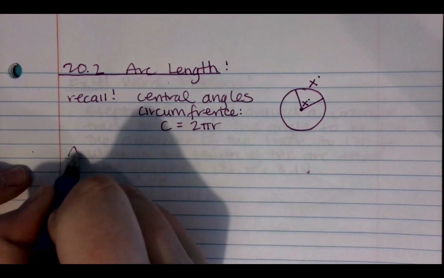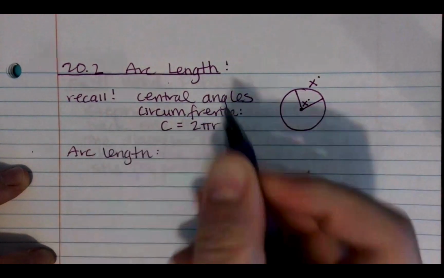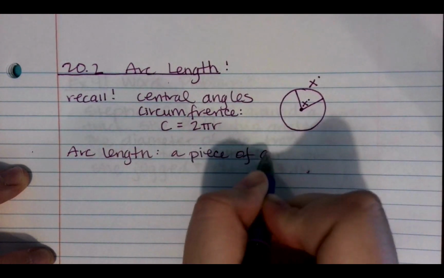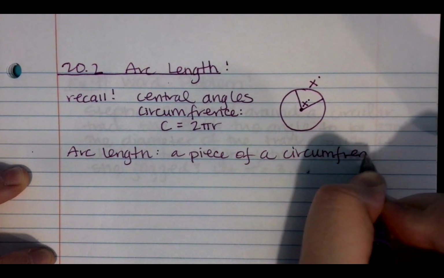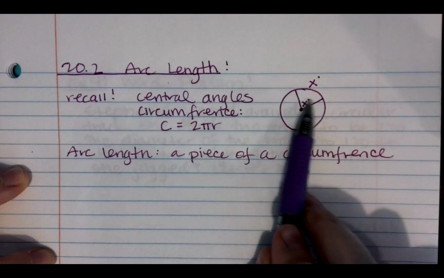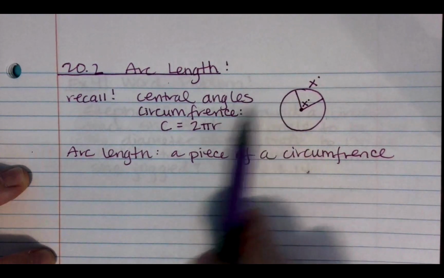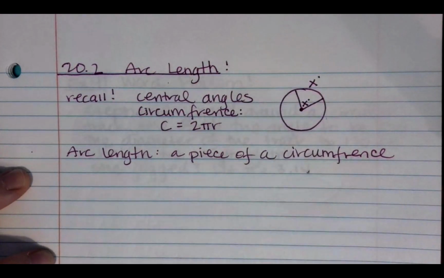What is arc length? It's just a piece of a circumference. So again, a circumference measures the distance, not the degrees, the distance all the way around something. So an arc length is just going to be a little piece of that circle.